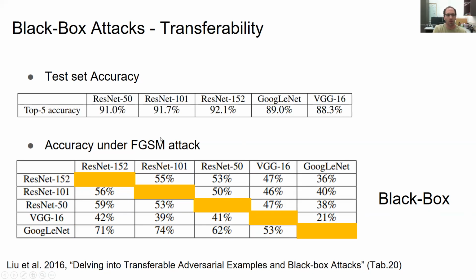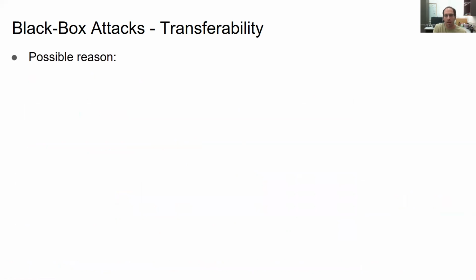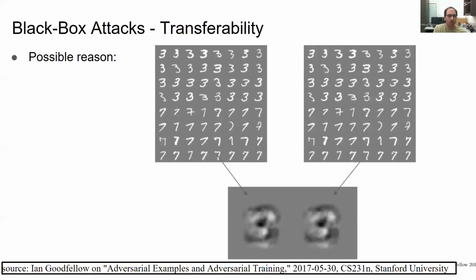And you can ask yourself why it happened and try to understand. And again, I don't think there is a full theory of it. I'm pretty sure there is not. But there are some hints. So one possible reason, and I'm going to borrow a Goodfellow slide here. He trained two logistic regression classifiers on the same data, which is just classifying 3 and 7 of MNIST.